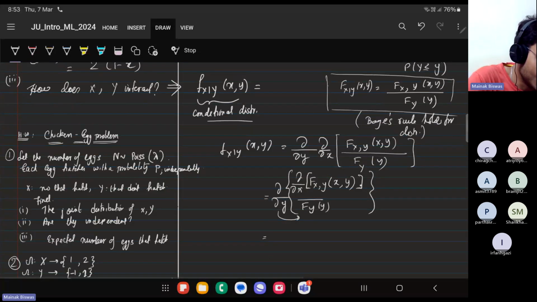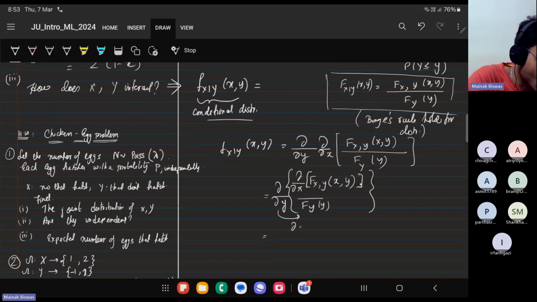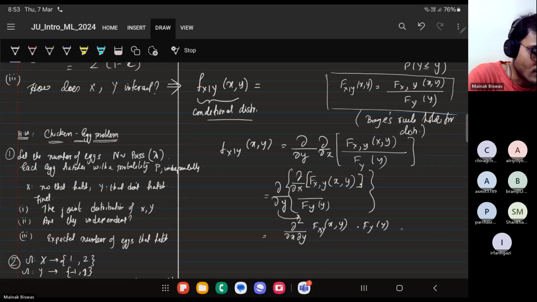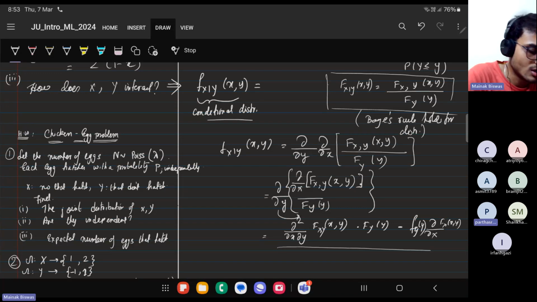So my numerator will become d squared by dx dy of F of x y into F of y, minus what? d by dx of F of x into F of y, by F of y whole squared.